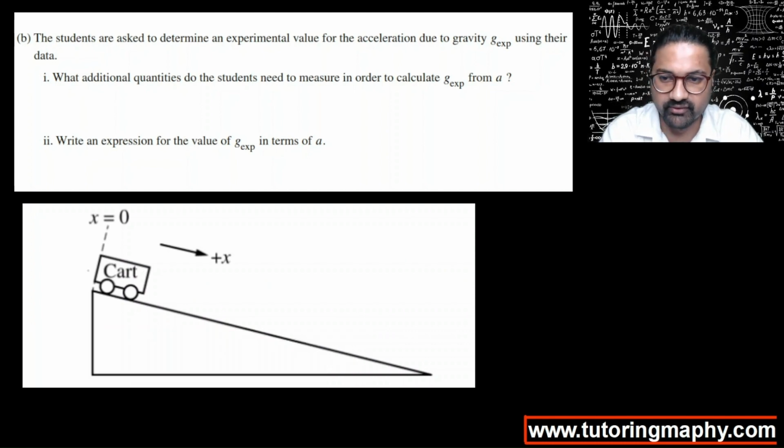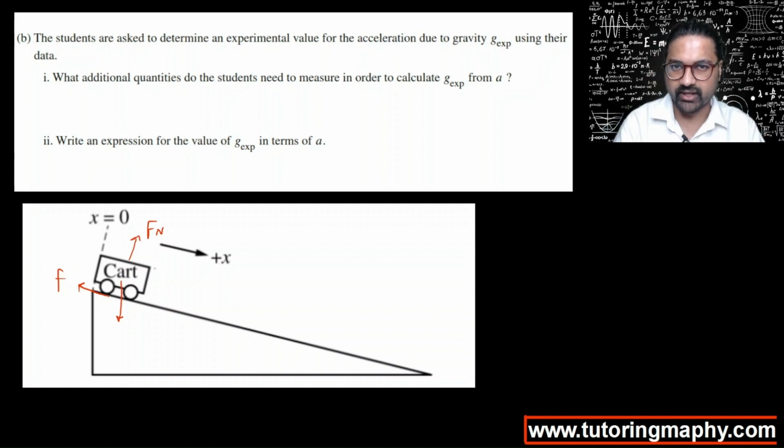There will be a friction, there will be an air resistance. So let's say the net force with which this is getting stopped, friction and air resistance, is represented with F, and there we have a normal reaction Fn. And obviously the mg, the gravity, is going to act right down, but we are going to make its components, because this is an inclined plane, so we are interested in along the x-axis and perpendicular to the x-axis.